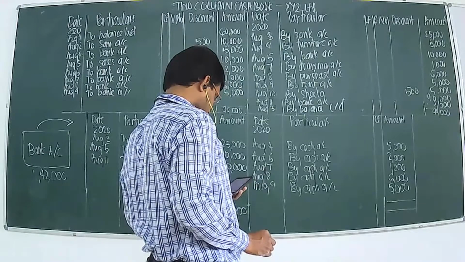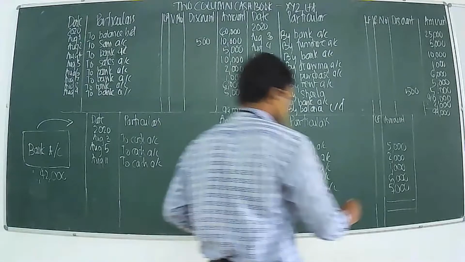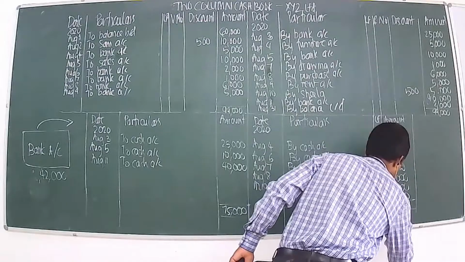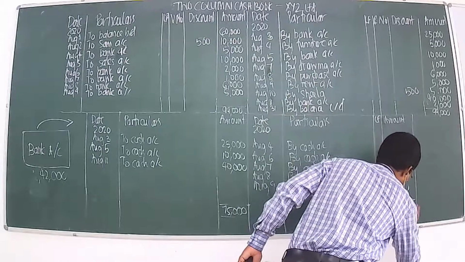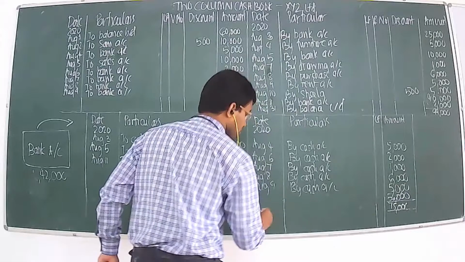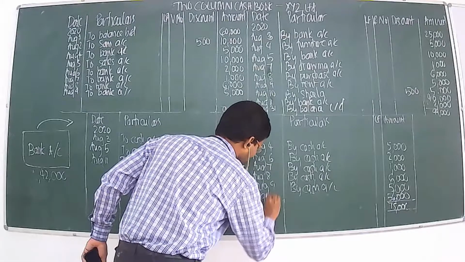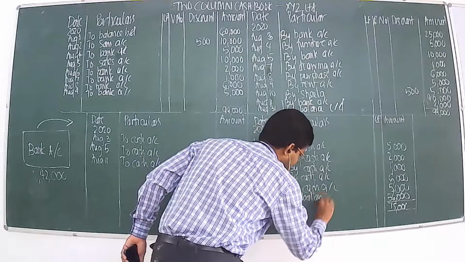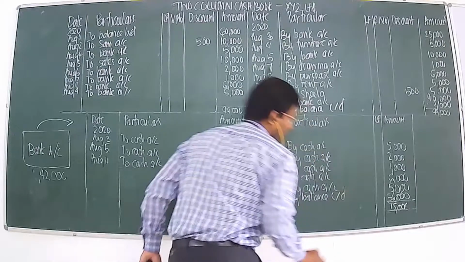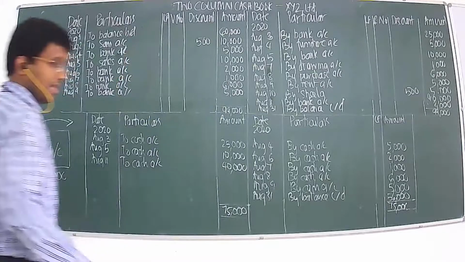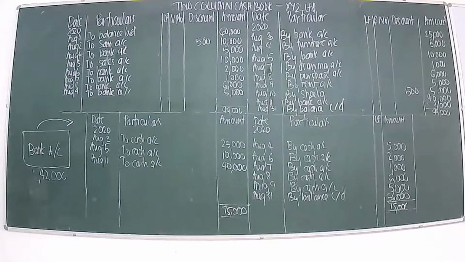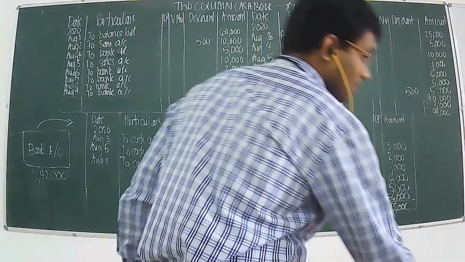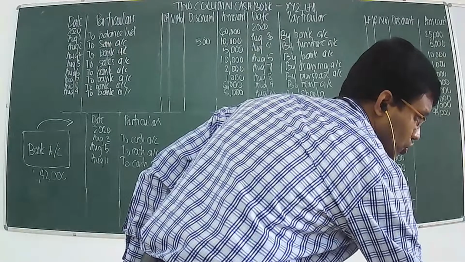And 75,000 minus 19,000 will be 56,000. So 56,000 is my balancing figure. So by balance carried down, 56,000 is my balancing figure. With that note, I've completed the entries for two-column cash flow.